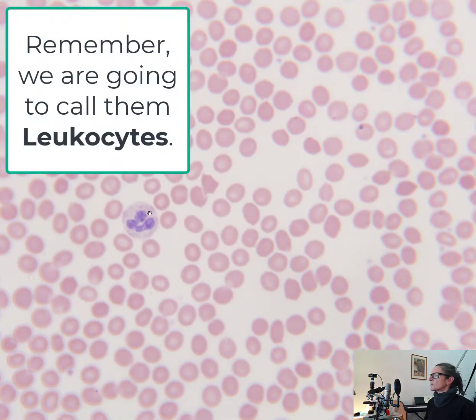Suffice it to say that the white blood cells are fairly easy to recognize because they're quite different from the erythrocytes, and they're quite a bit larger, obviously, than the platelets, and they have these dark staining nuclei. So that's the way to identify a white blood cell, is you'll see these dark staining nuclei.